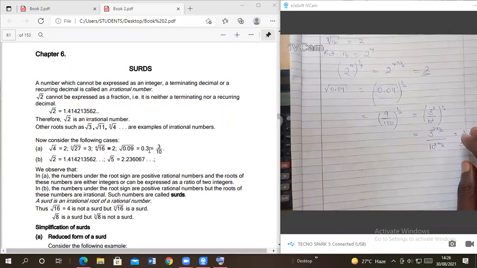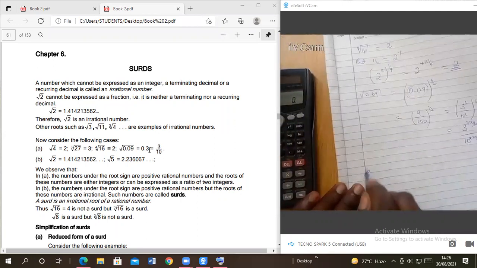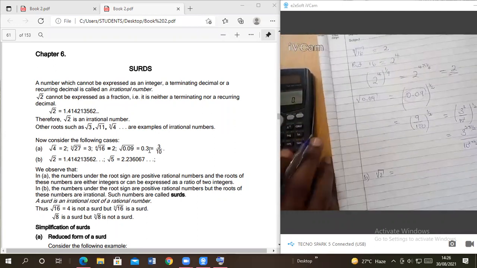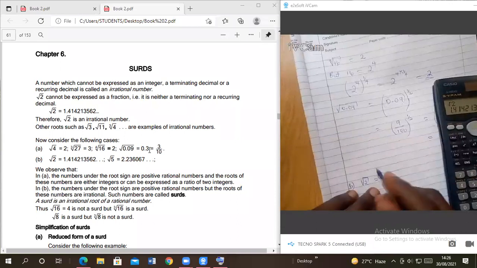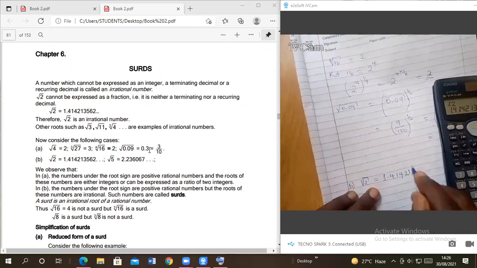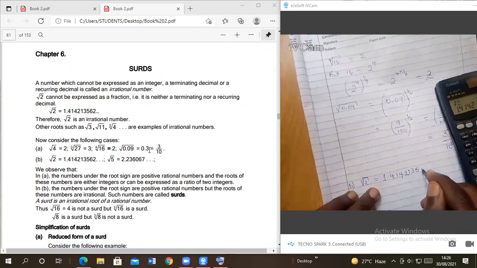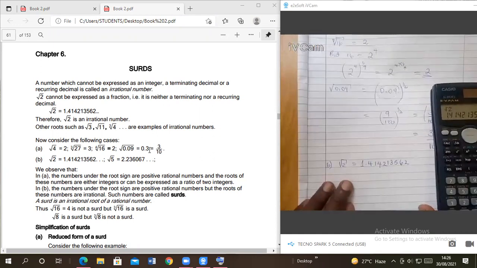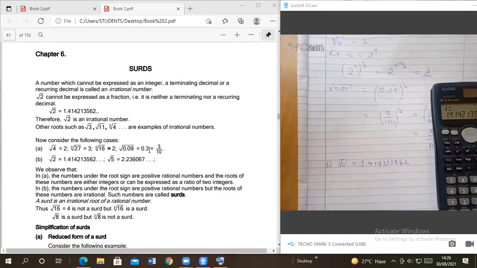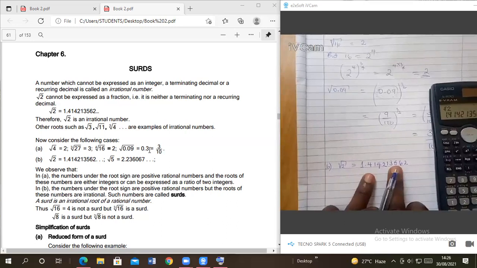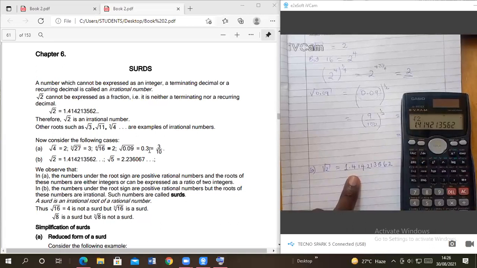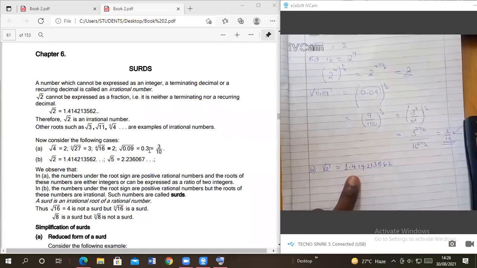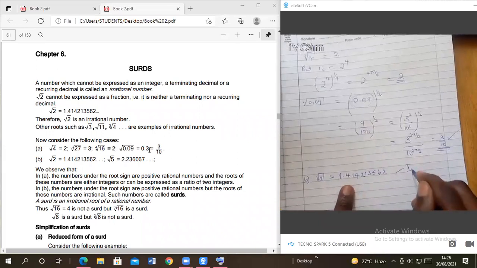But now when we come to numbers like root of 2, it will give us 1.4142135 and so on. So this one we cannot change it. We cannot take it to a fraction. Can we change this to a fraction? No. I've already shown you how to change to a fraction. When you press, you see it does not change. So root of 2 is what?